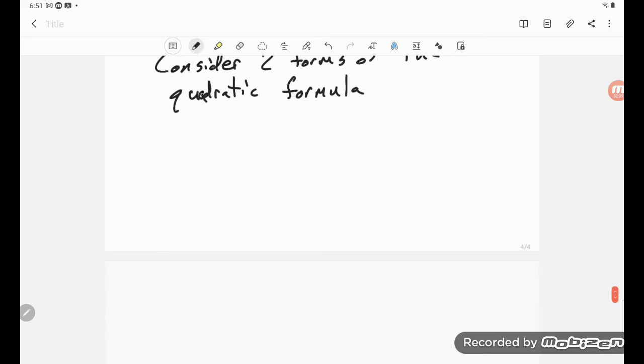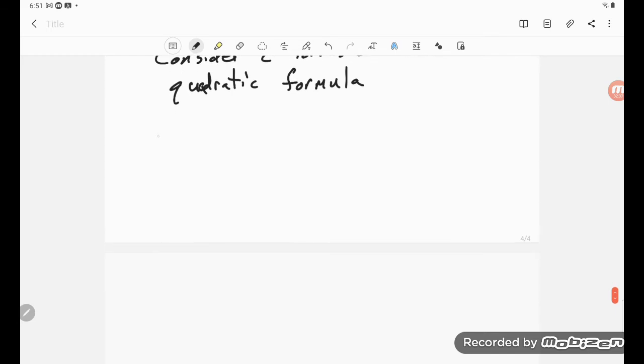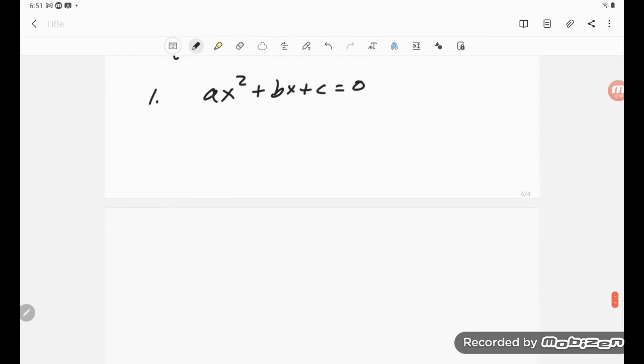Okay, but yes, really there are. So, form one, you're starting with this, ax squared plus bx plus c equals 0. You complete the square and all that kind of stuff, and you've seen this kind of thing before. You get x equals minus b plus or minus the square root of b squared minus 4ac over 2a.